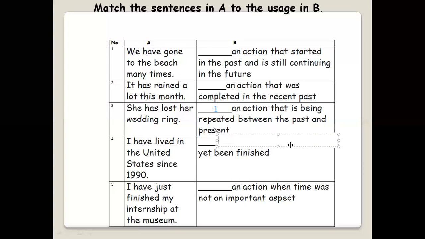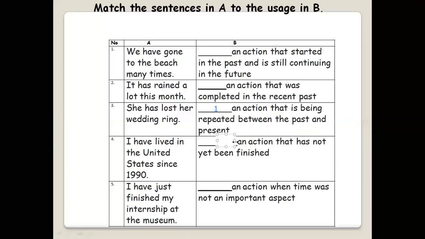It's about an action that hasn't yet been finished. We're still in the month, during the month.